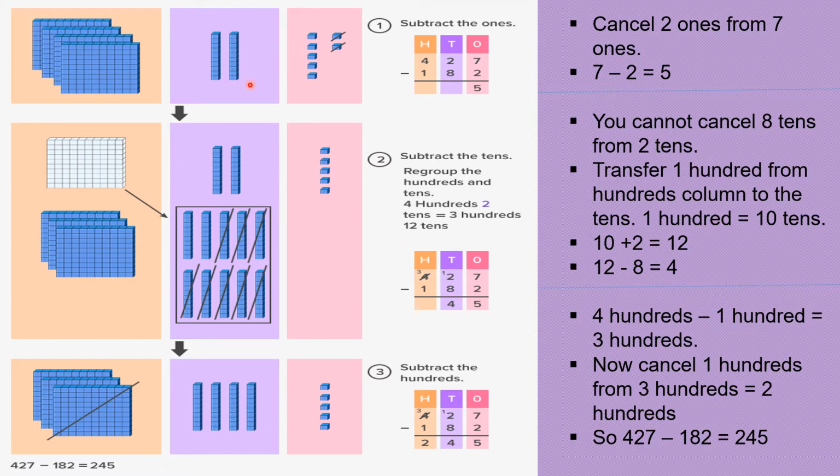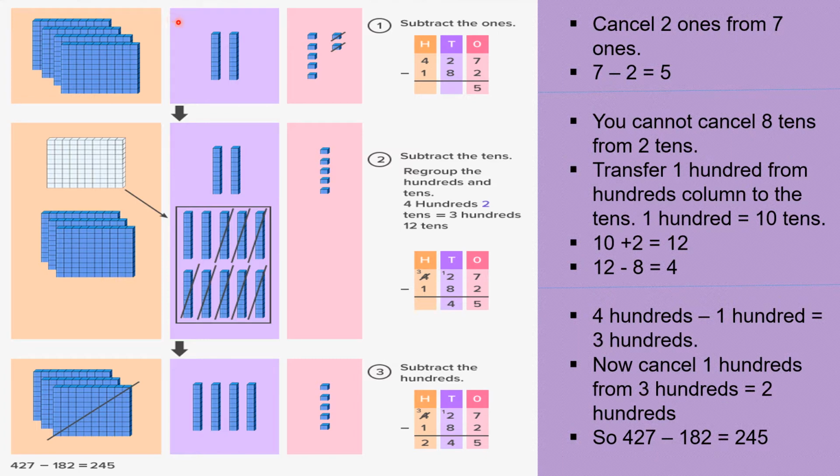So in this case, I look at the hundreds column. How many hundreds do we have? We have 4 hundreds and we need to cancel 100 from it, right? But let's just forget the cancelling part. Initially we have 400.